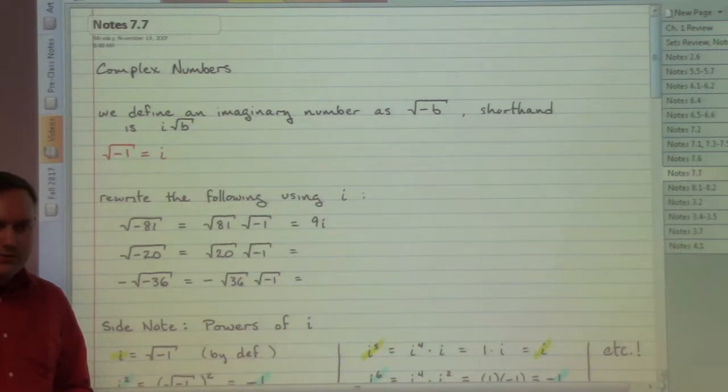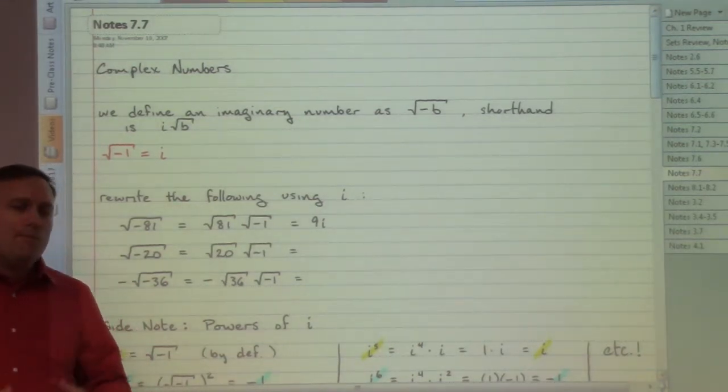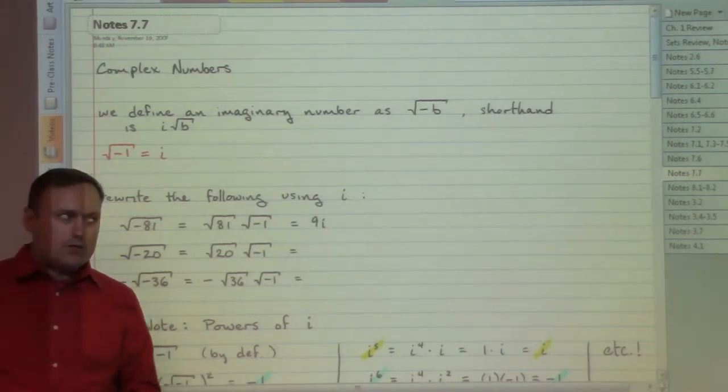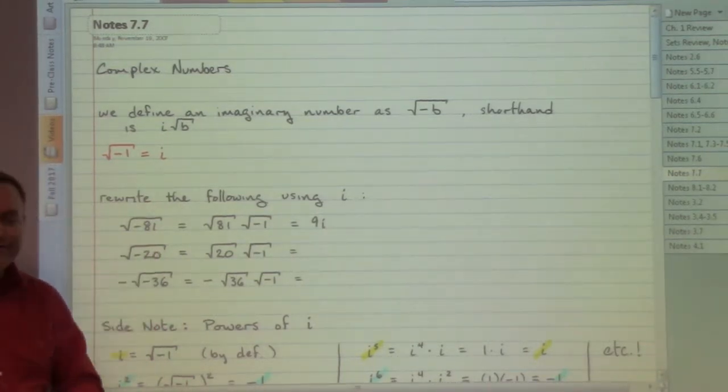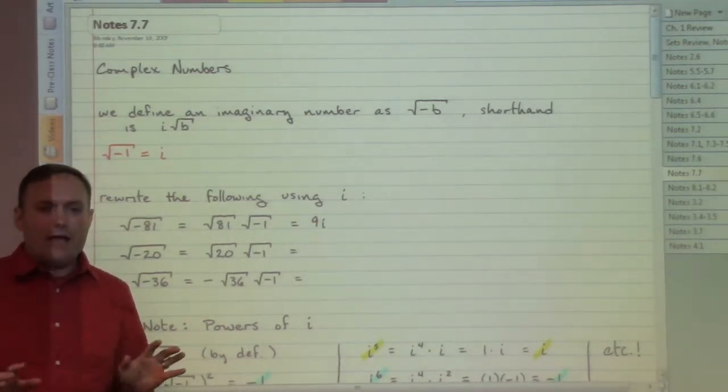We need to introduce, basically, more numbers based on stuff that we've seen but said we weren't going to do anything with, and that's the square root of negative numbers. When we talked about it before, we said, no, we're not going to do that.